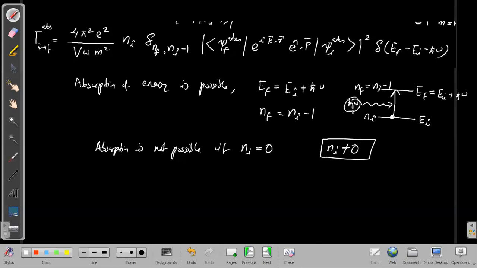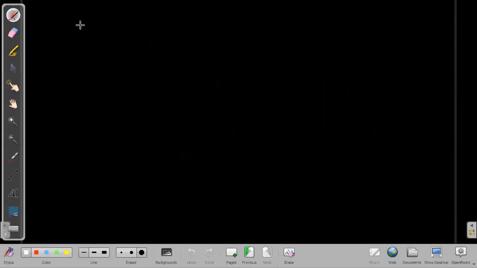Now, what about emission? Similarly, we can do it for emission, that is, gamma i to f emission. So what would that expression be?